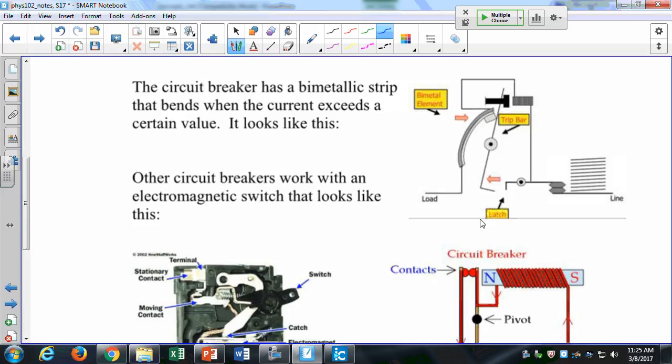Current comes in, it goes through this bimetallic strip, and then goes around and goes out the other way. But when current goes through that bimetallic strip, it heats it up, and depending on the temperature of that strip, it can bend one direction or the other. We talked about this last semester, about how when you heat a metal, it expands.